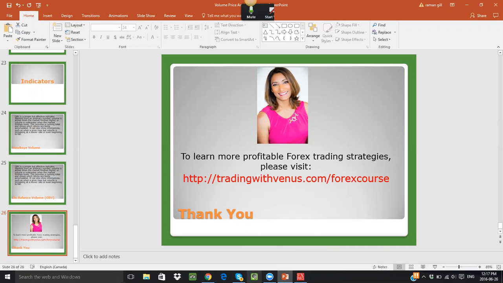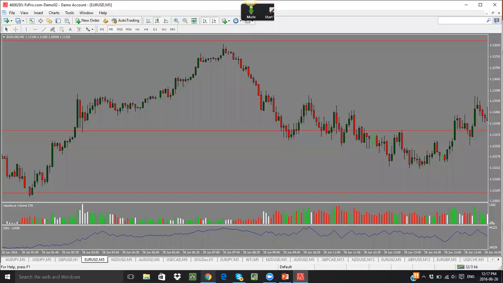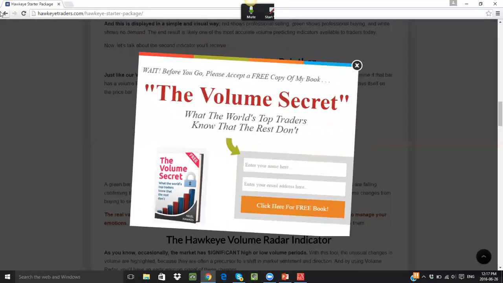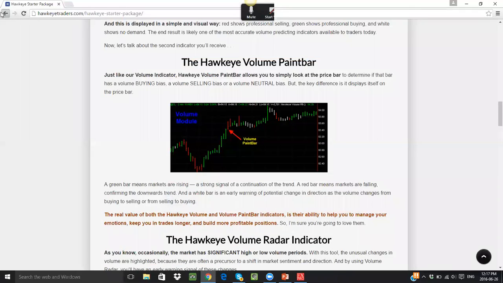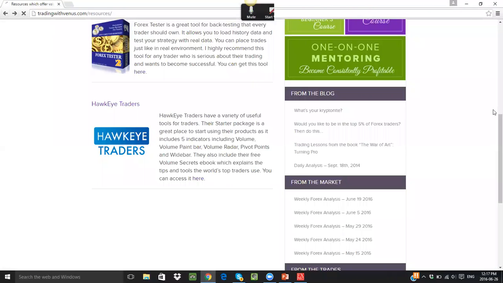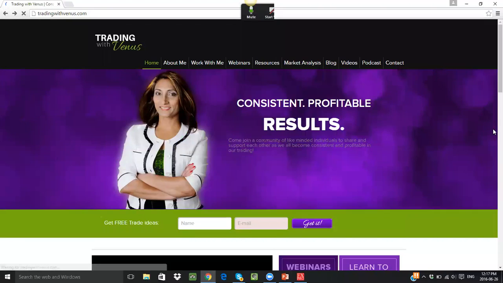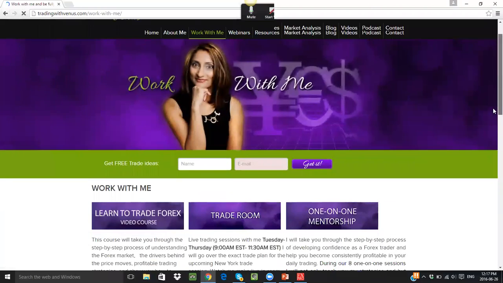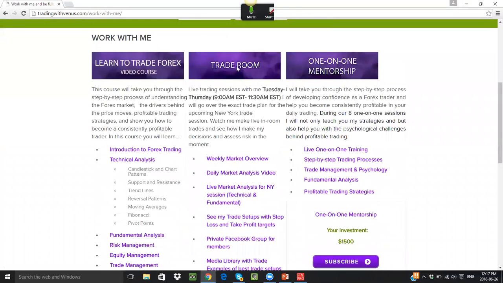And to access the trade room, you can just go to Trading with Venus, and the Work with Me area. It will tell you everything about the trade room here. So here's the information on the trade room.